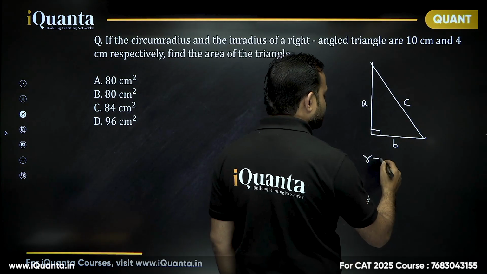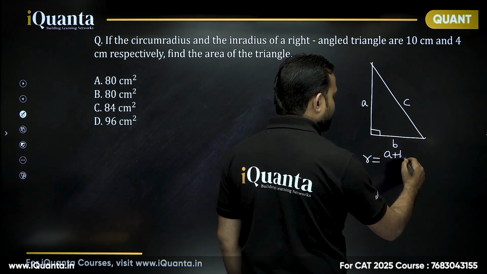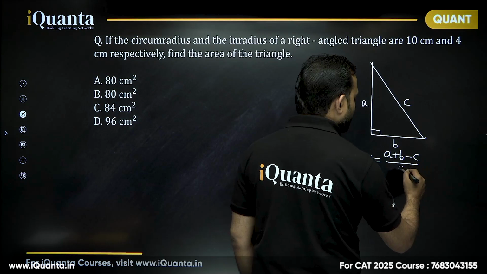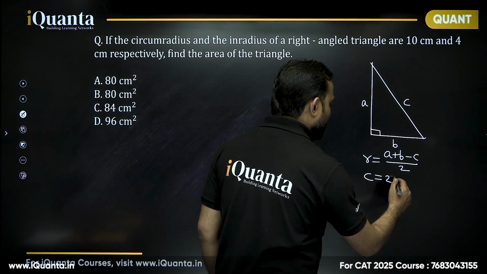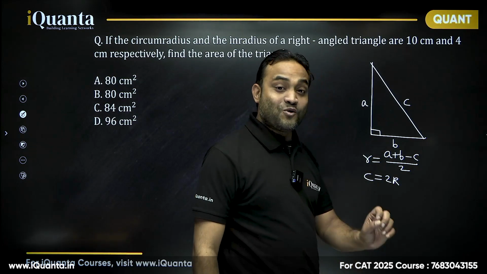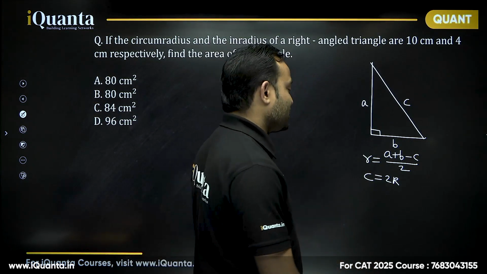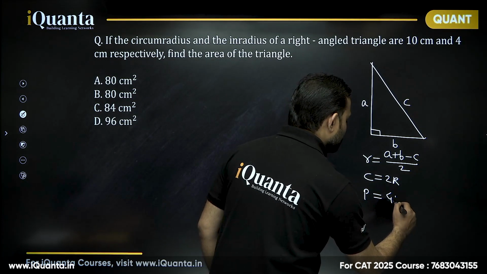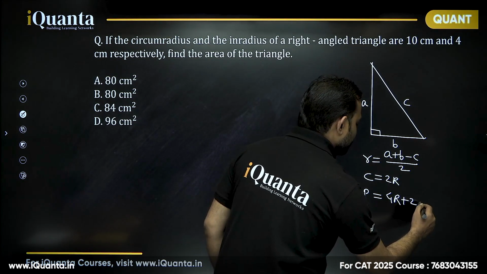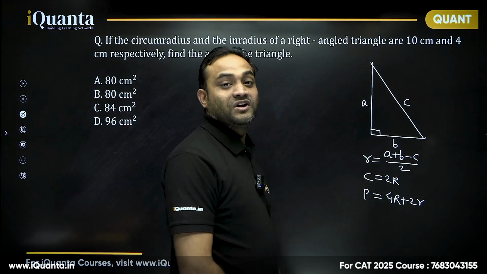That R is equal to A plus B minus C upon 2. We also know that C is equal to 2R. And there is one more thing that you should remember, that perimeter of right angle triangle is equal to 4 times circumradius plus 2 times inradius.